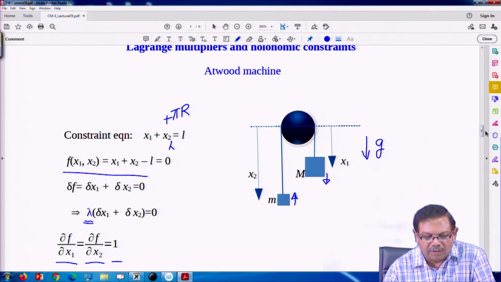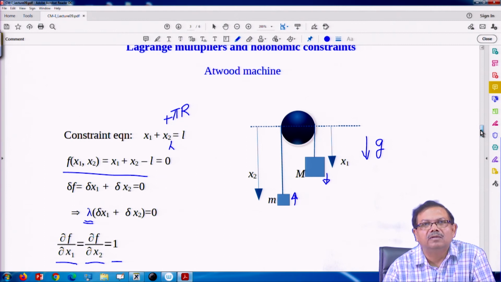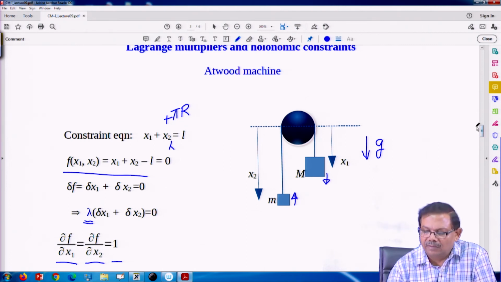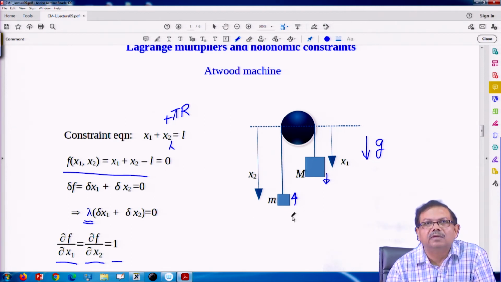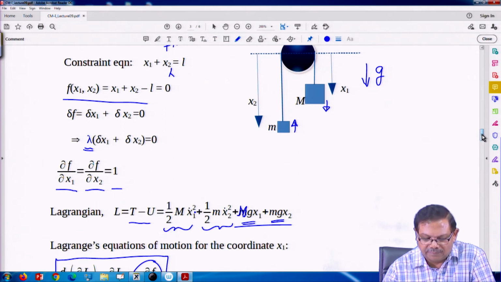So, delta x 1 and delta x 2 will mean the length of the string has to be fixed. It can move only along the vertical; laterally it cannot go. That will not be consistent with the equation of the constraint.